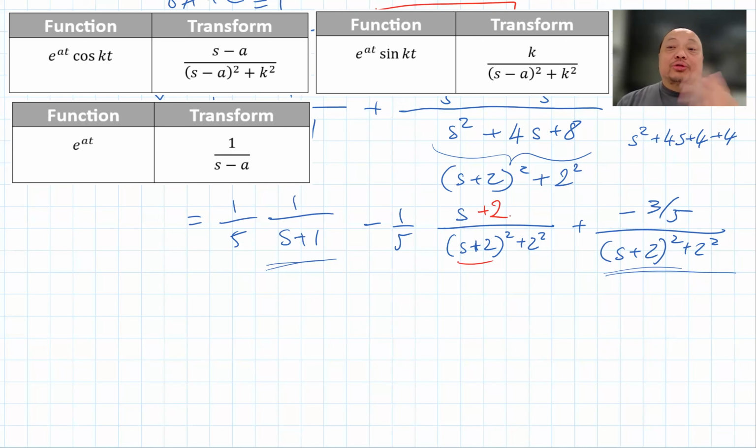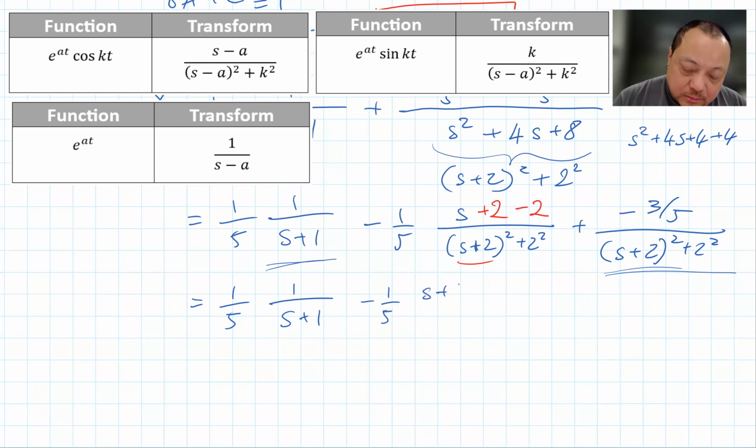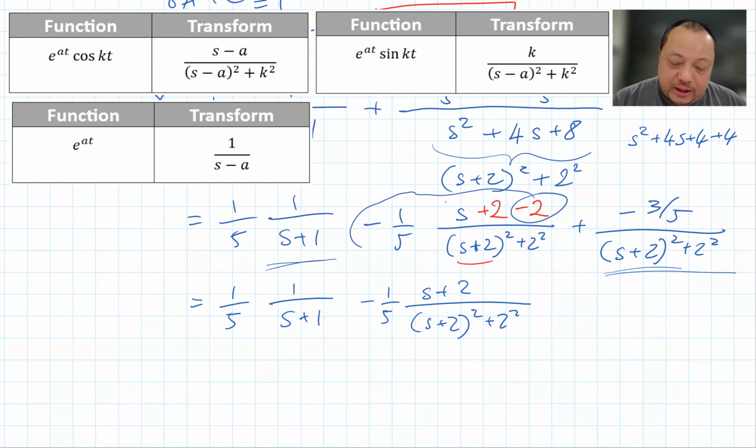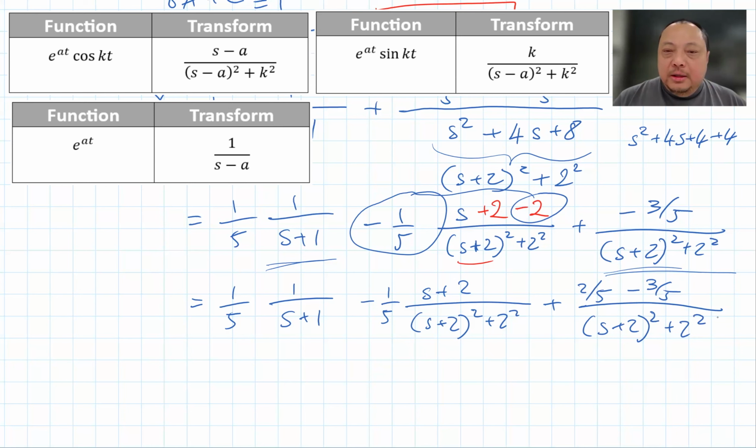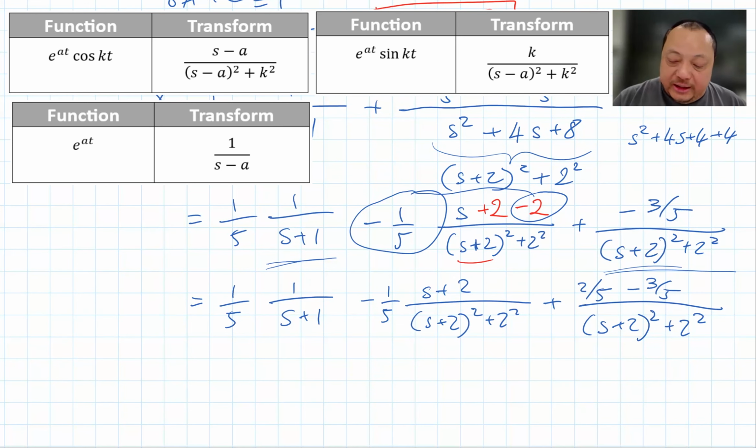And since I put in an extra 2, I have to take it out. Plus 2 minus 2. All right, minus 2 times -1/5 is plus 2/5, minus 3/5 divided by 2/5 minus 2/5 is -1/5.